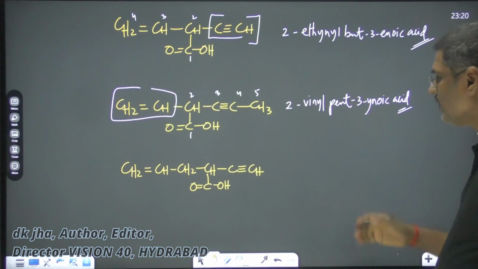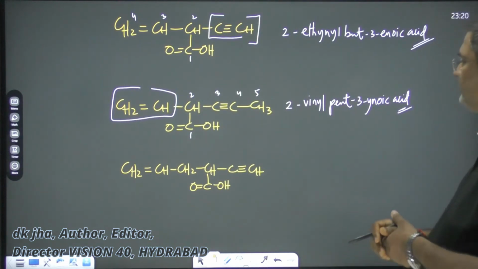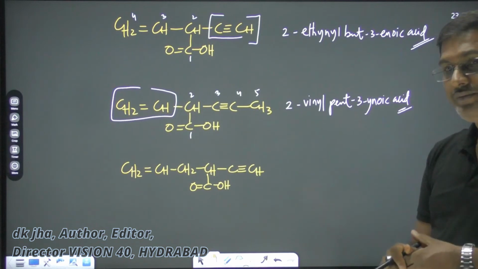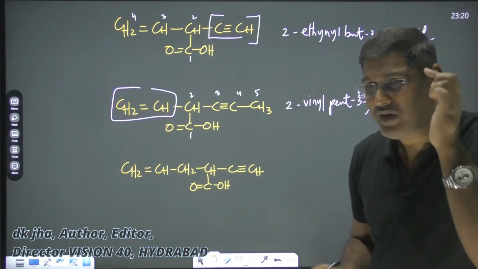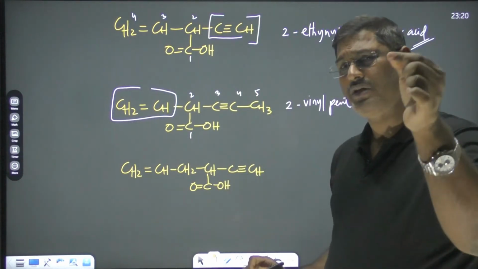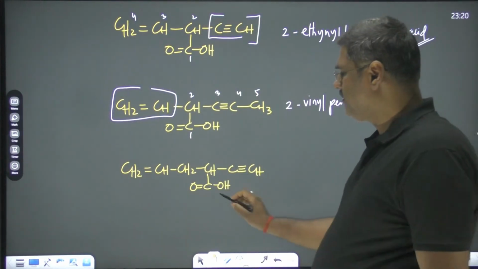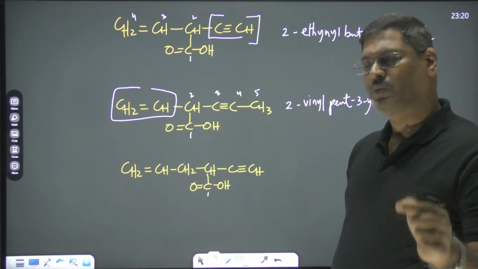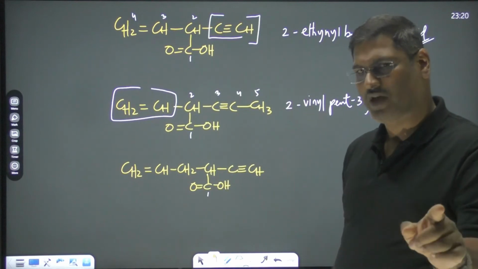Yes. 2-vinyl, pent-3-yn-oic acid. Right? Whatever confusion is there in your mind, I have given the example exactly on that one. And this is the most authentic information. Most authentic. No one can challenge.